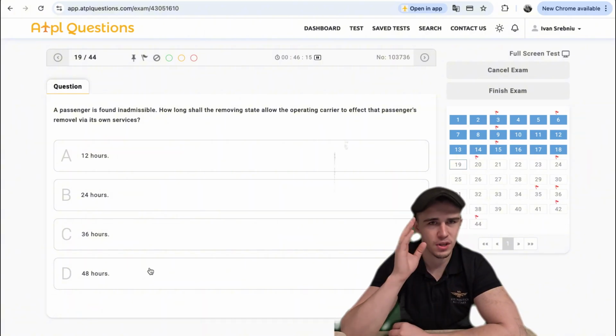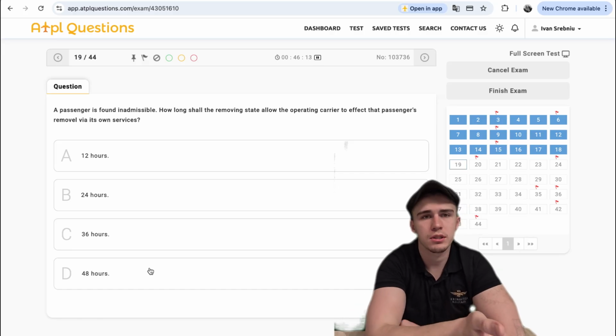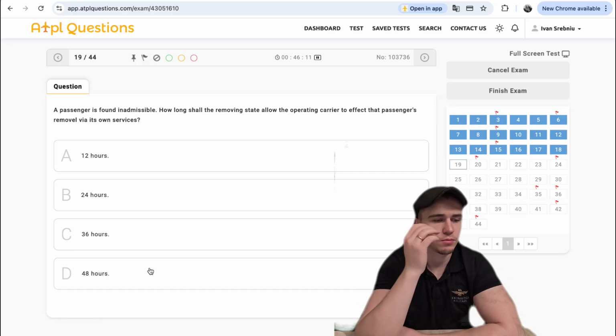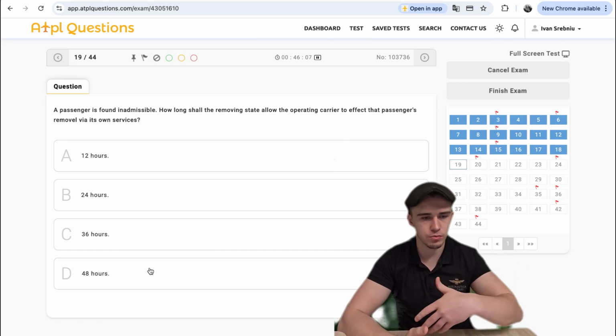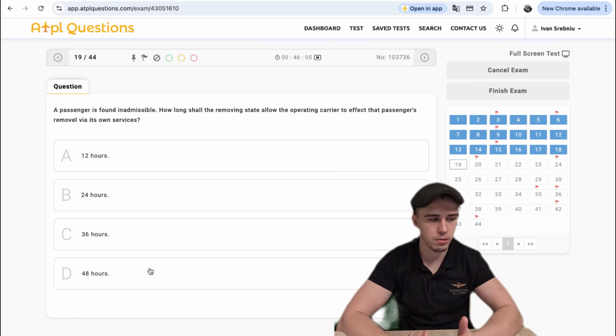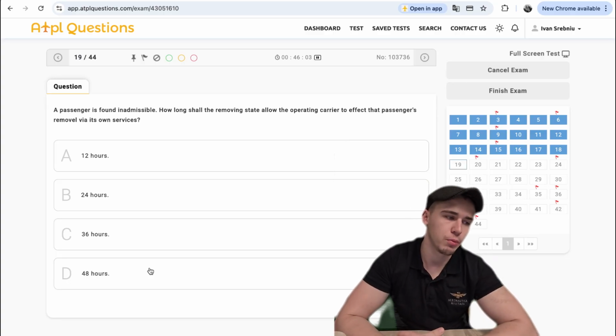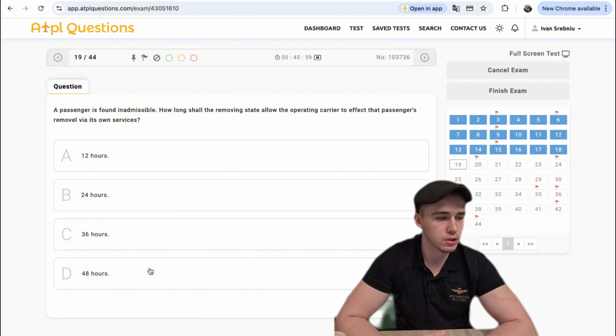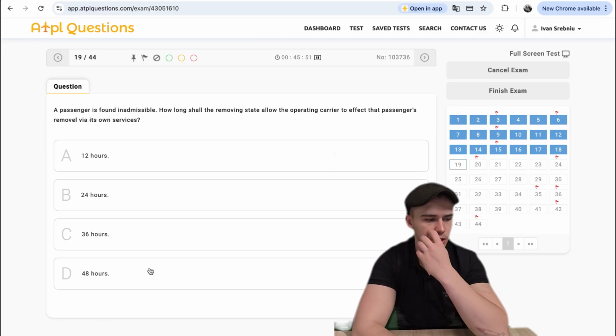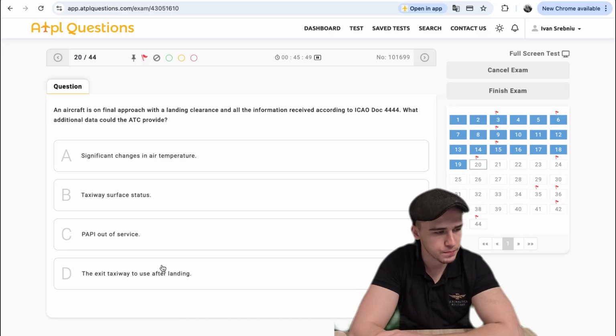You never need this information in flight, because when you fly, you think about flying, about your instruments, about all that is happening in flight, but not, for example, a passenger found inadmissible. How long shall the removing state allow the operating carrier to effect the passenger's removal via its own services? I think 36, but I will answer 48.